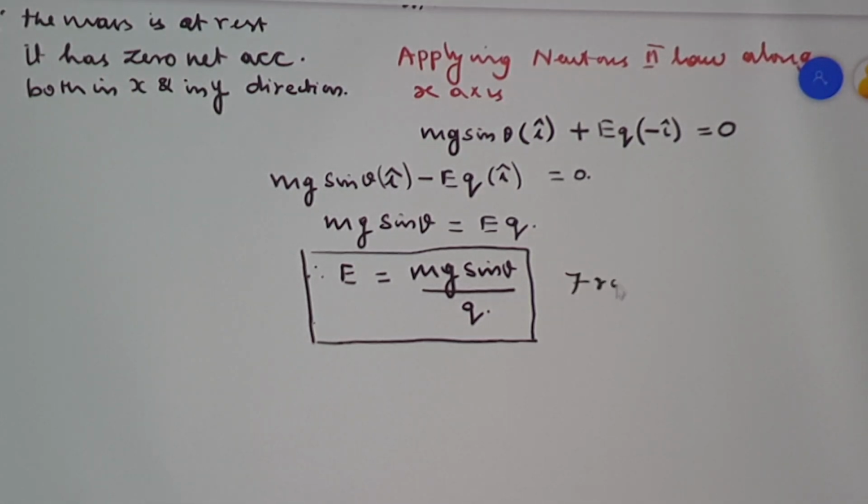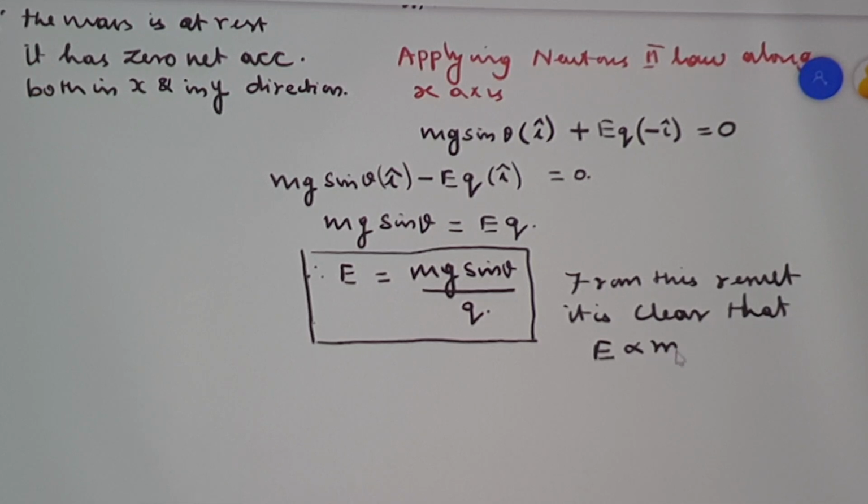So I can write from this result, it is clear that electrical field E is directly proportional to the mass of the body, and electrical field E is inversely proportional to the charge available in that body.